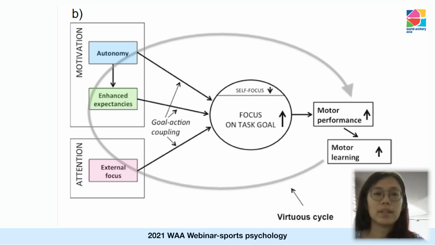And we can see the accuracy is the highest when three of the components are combined. Okay, so this is just an example to show you that maybe you can start to add little by little this element to your training or your coaching program, and that will help your athlete.